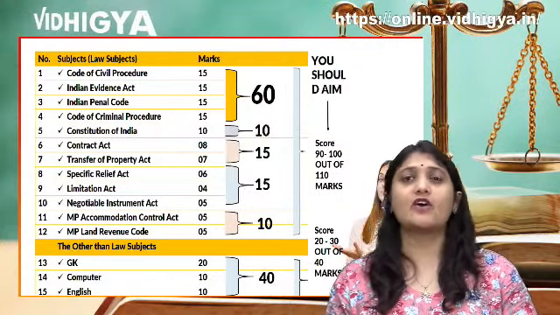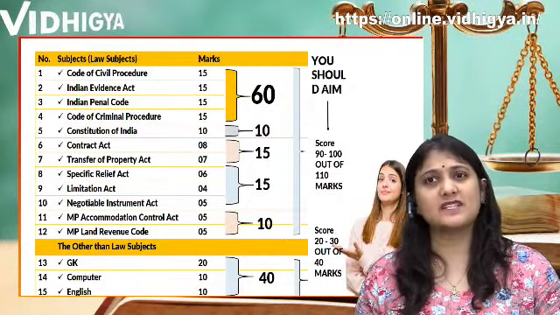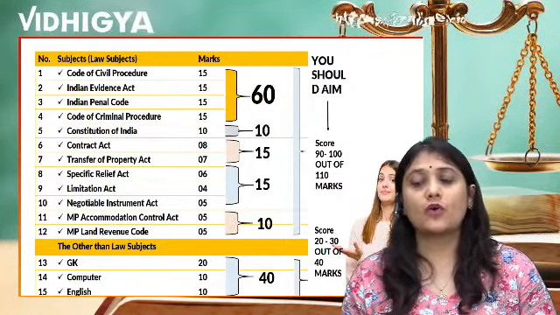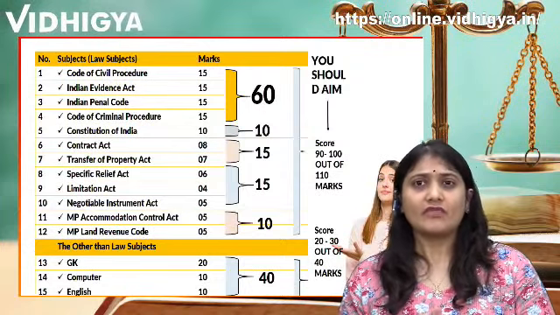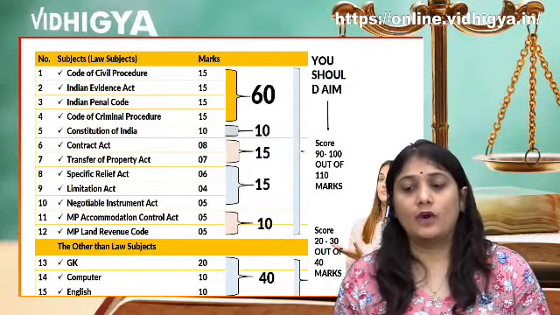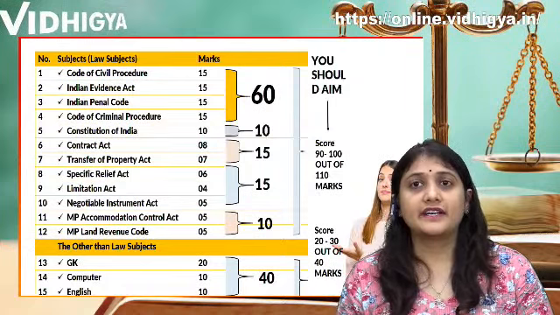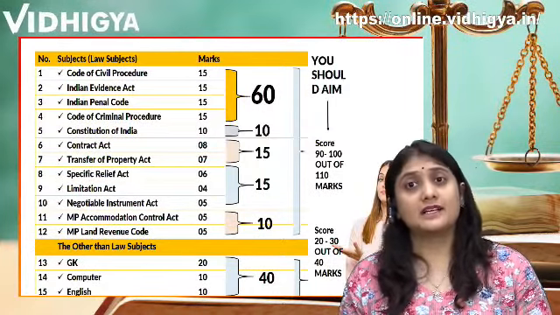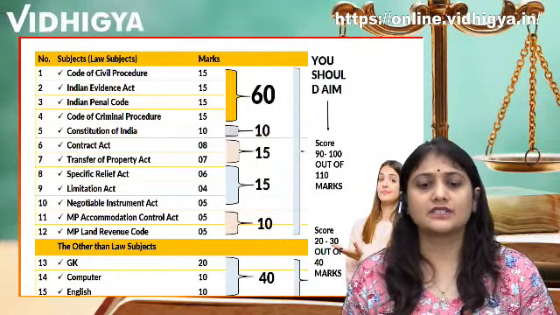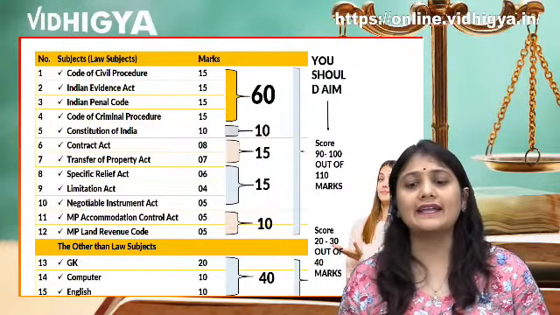And what should be your aim for clearing this prelims examination? You need to score at least 90 to 100 in the law subjects area. Why? Because it is out of 110 marks, and we'll discuss it with the cutoffs also. Now, the subjects other than law are GK, computer, and English.